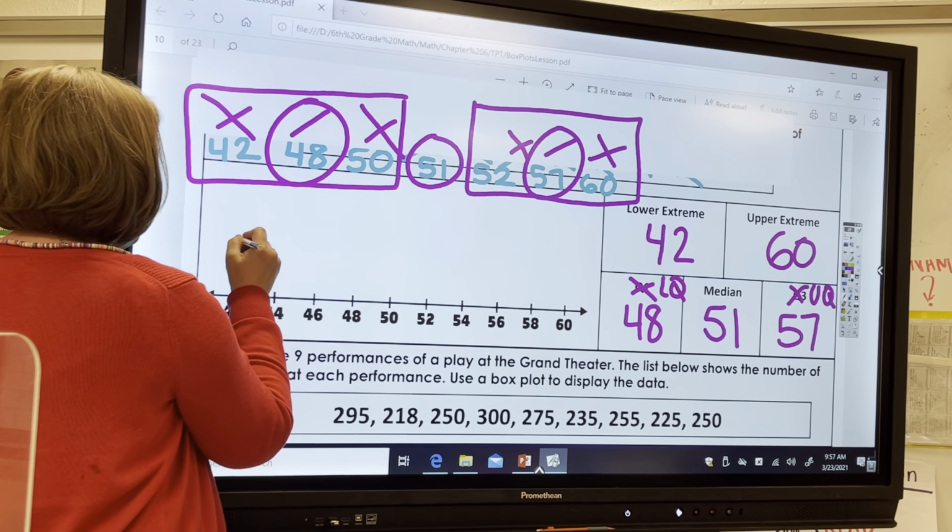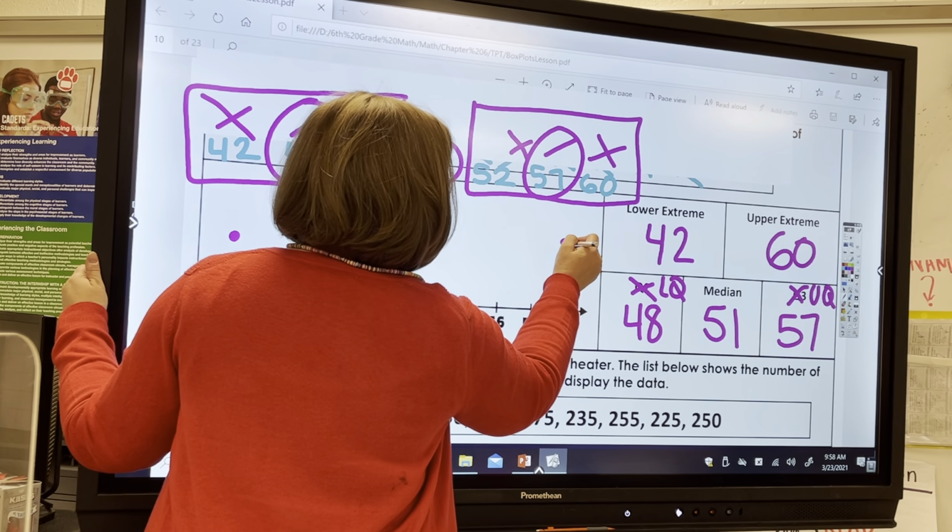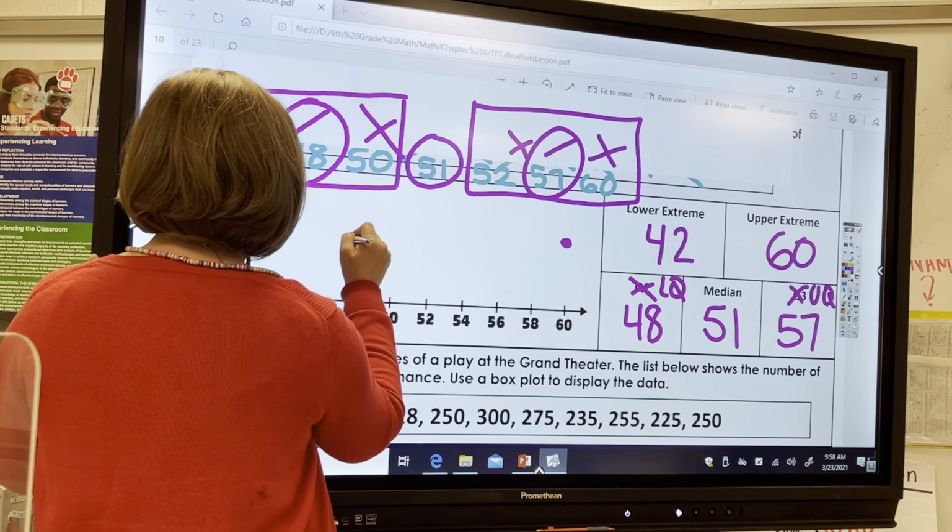Do not do it on the line. 42, 60, 48, 51, and 57. Connect the first one and the second one with a line. The last two with the line, and mine's not straight, sorry. And the 3 in the middle make our box.